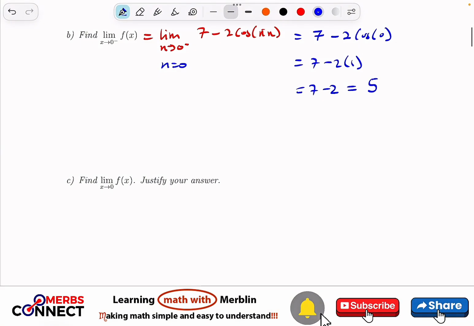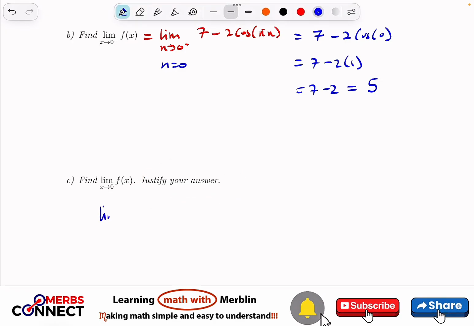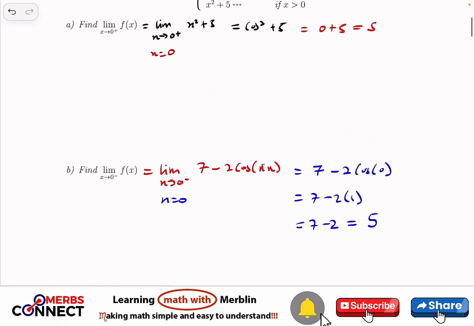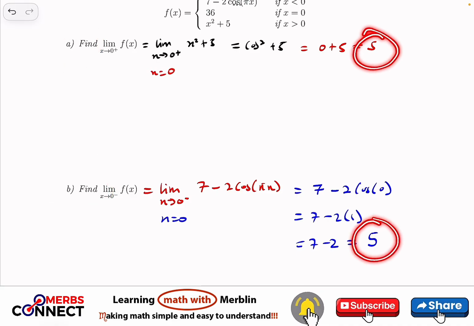So now let's look at C. Find the limit as x is approaching 0 and justify your answer. So this one here, the limit as x is approaching 0 of f of x is equal to 5. Why? Because A is the same as B. So this is 5 and this is 5.